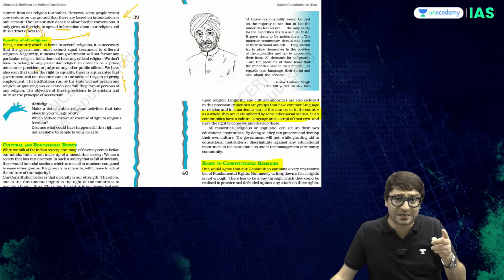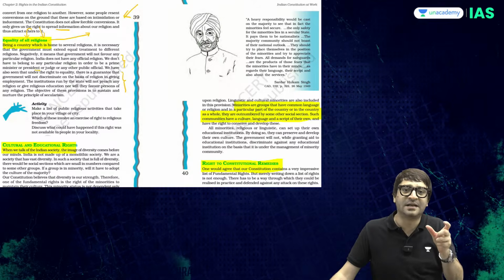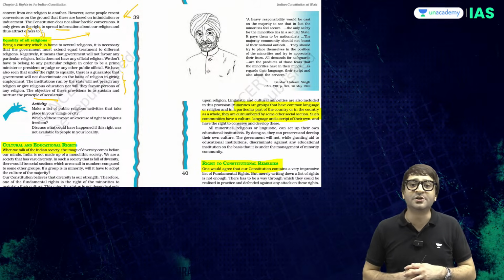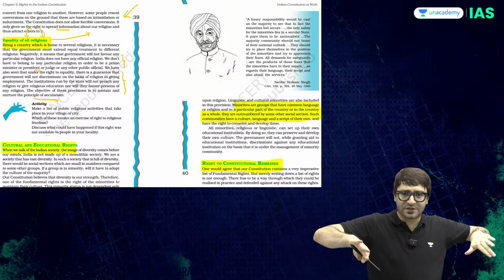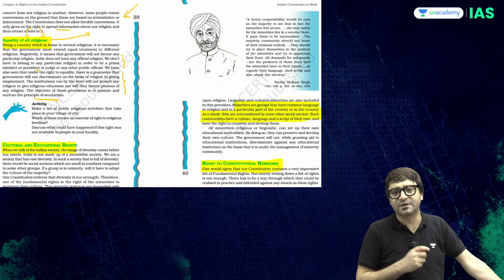They cannot impart religious instruction. And that is done to uphold and nurture the principle of secularism, where state is separate, religion is separate. Religion cannot influence the state, state cannot influence the religion.